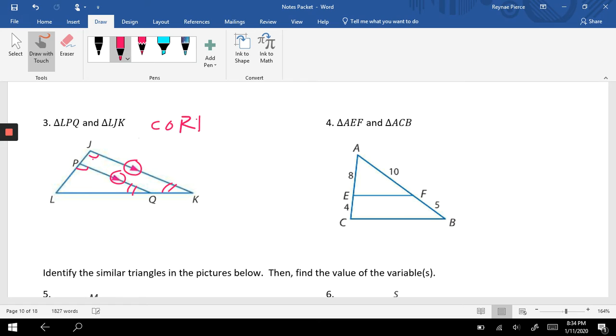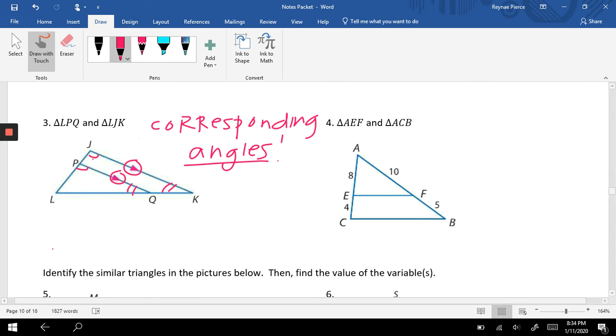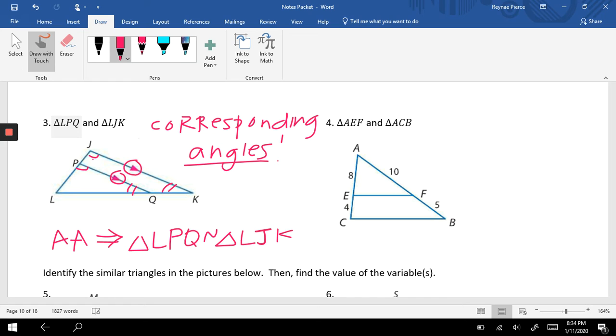I'm going to write that here, corresponding angles. Okay, and so that gives me 2 pairs of corresponding angles that are congruent. So that is my angle-angle similarity, which lets me say that triangle LPQ is similar to triangle LJK.